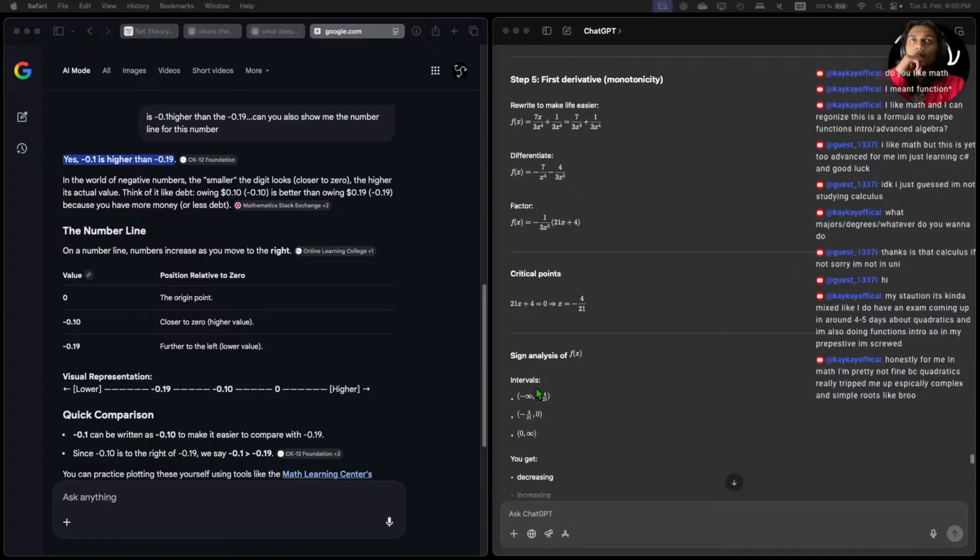So here it should be, let's take -2. If you give it -2 here, it's gonna be a negative numerator and a positive denominator. The whole thing is gonna be a really small value, but negative.